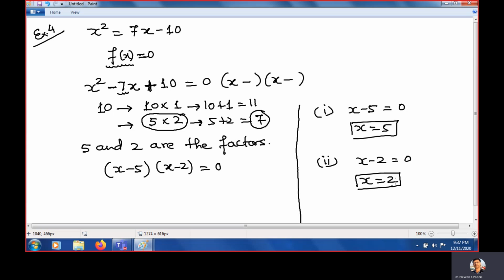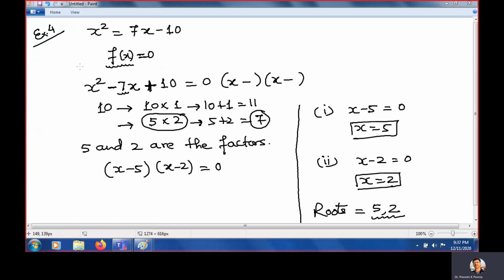This is how we are evaluating factors. Okay. So what are the roots? The roots of the equation are, you can write x is equal to 5 or you can write x is equal to 2, or you can write 5 comma 2. So what are the roots? Roots are 5 comma 2.